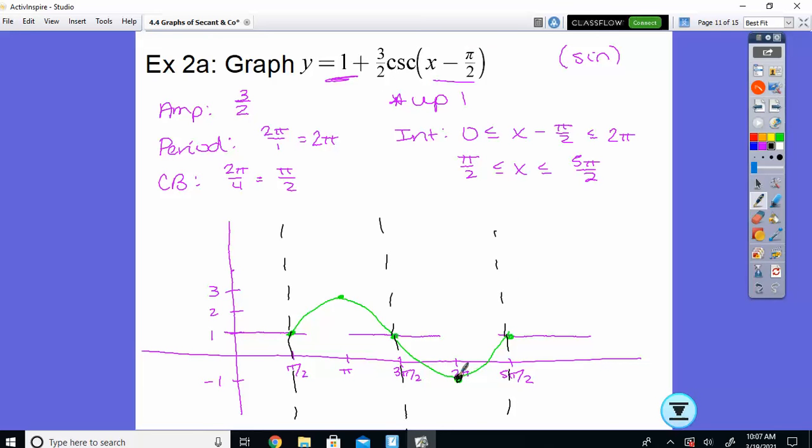High and low points stay, and then you just flip it away from the axis. So again, my actual answer is just this black curve. So just like graphing sine and cosine, not really a whole lot new this time.